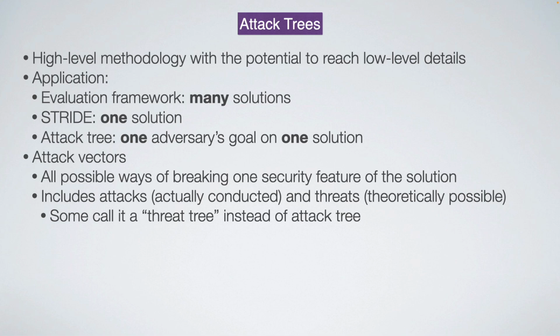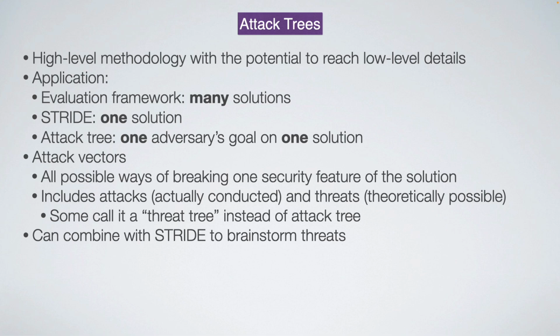So even if it's a theoretical thing that might work, you can include it in an attack tree. So technically it should be called a threat tree, just everyone calls them attack trees. It doesn't strictly have to be something that historically someone broke the system in a particular way. The attack tree we develop in class will be based on actual attacks that happened, but you can think of it as a threat tree.